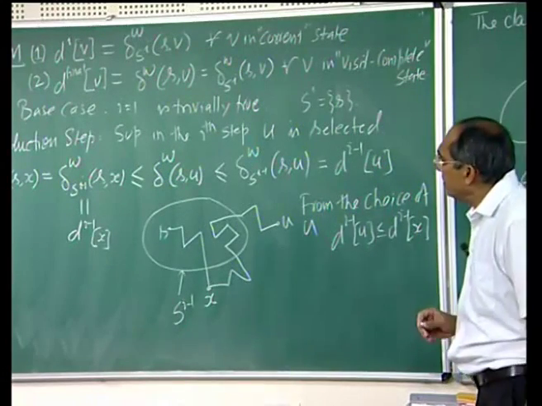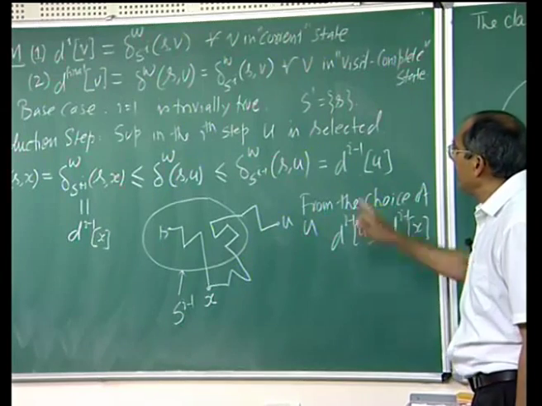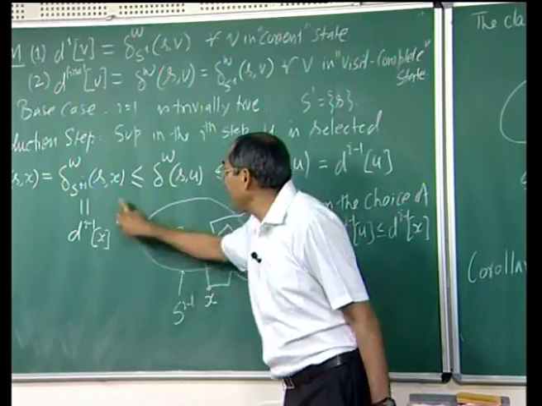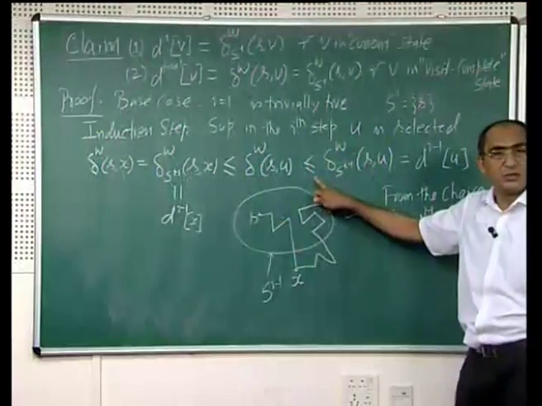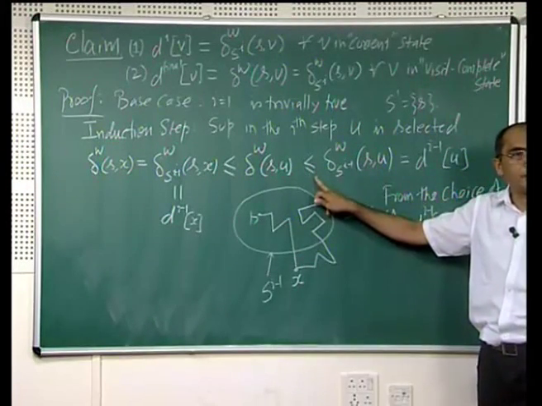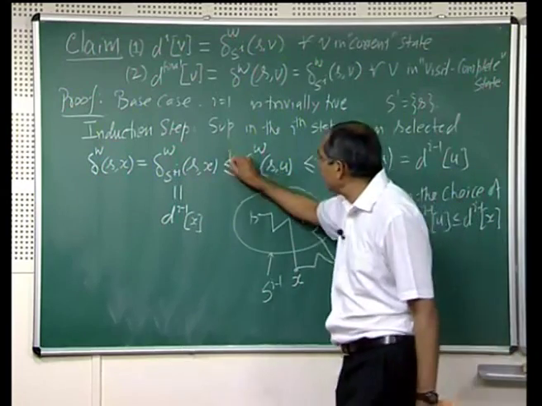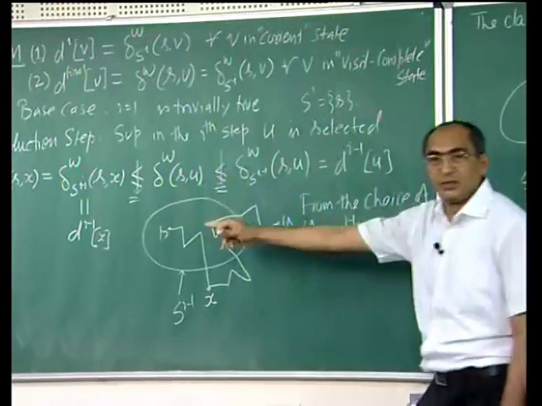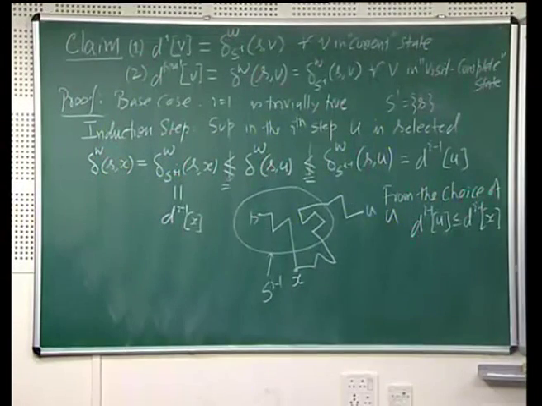So, what happens is that this is equal to this, forcing these inequalities to turn into equalities. Okay. So, this thing is now equal, this thing is equal, all of them must be equal.